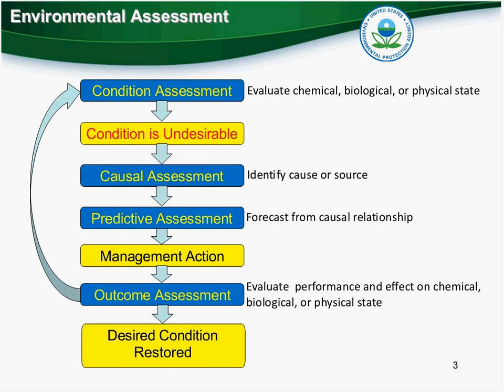You can make predictions about the future. Both causal assessment and predictive assessment can be used to inform a management action, or the resolution to the problem. And then outcome assessment is essentially monitoring your management action to determine if you are having an effective recovery of the system, and hopefully that's the case.